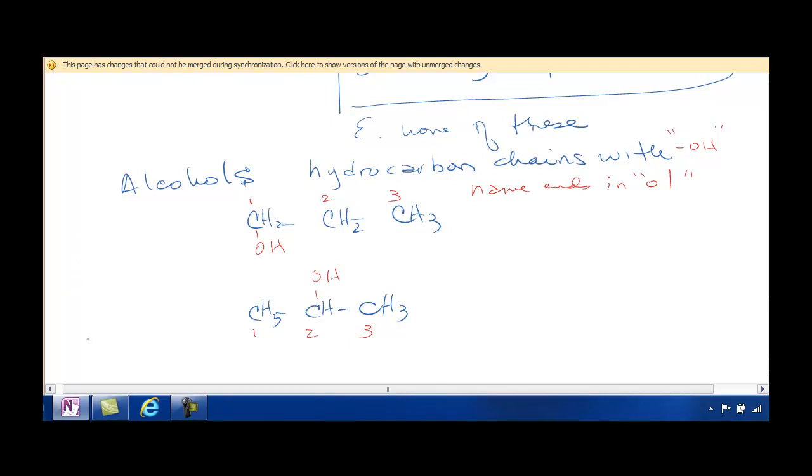Eth means 2 carbons. Prop means 3 carbons. But means 4 carbons. Ethane is 2 carbons and nothing but single bonds and H's. Ethene means 2 carbons and a double bond. Ethyne means 2 carbons and a triple bond. Ethanol means 2 carbons and an OH group.